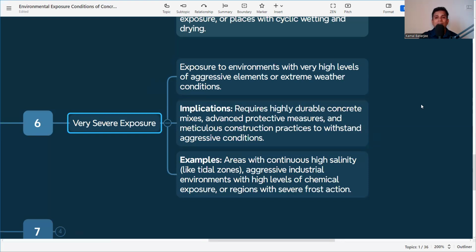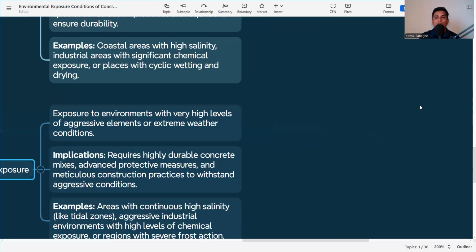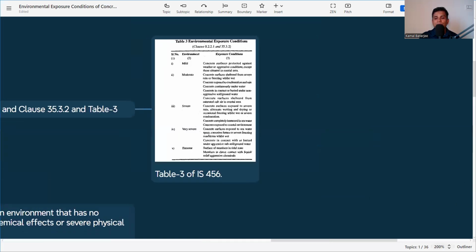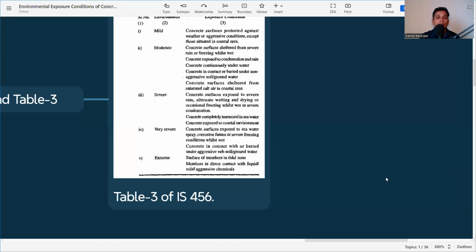Let's see what IS 456 says about the very severe condition. See, in Table 3, what is it saying? Exposure very severe: concrete surface exposed to seawater spray, corrosive fumes, and severe freezing conditions. Wet concrete in contact with or buried under aggressive subsoil or groundwater.